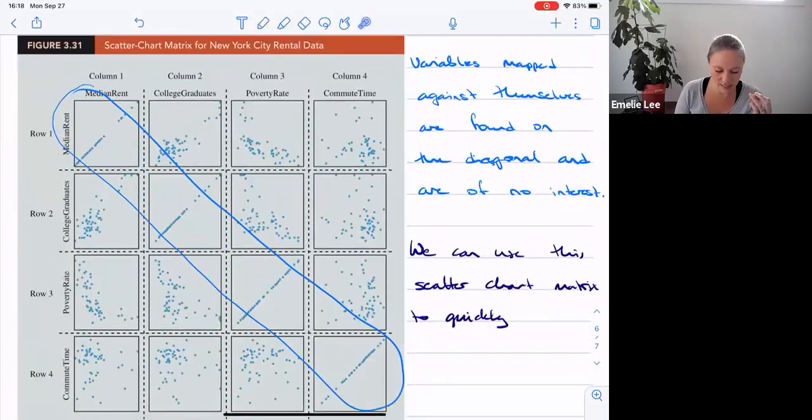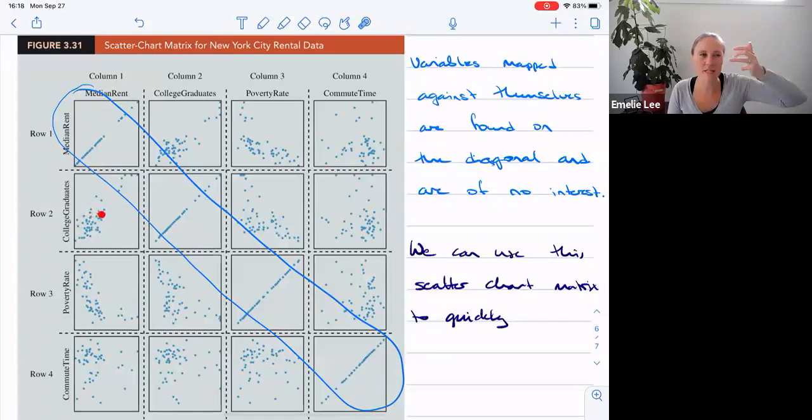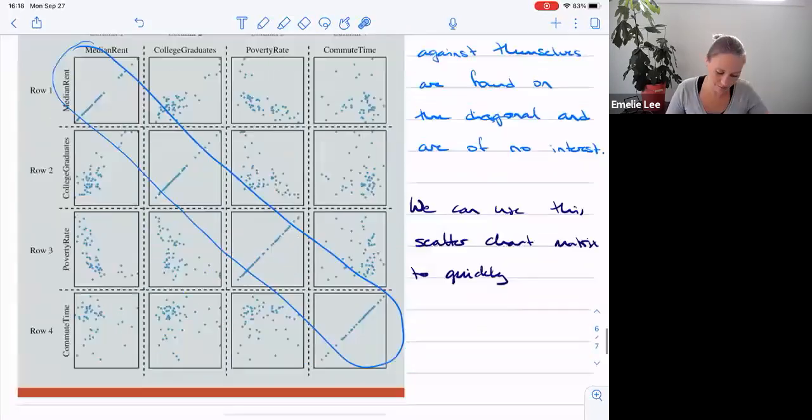Notice that we only need one of these triangles, right? Because if you look at the college graduates versus the median rent, and then you look at the college graduates versus the median rent, it's been kind of flipped, but it depends on which one you want on the y-axis and which one you want on the x-axis, but then they're going to be the same, right? And so we only need to look at one of these triangles.